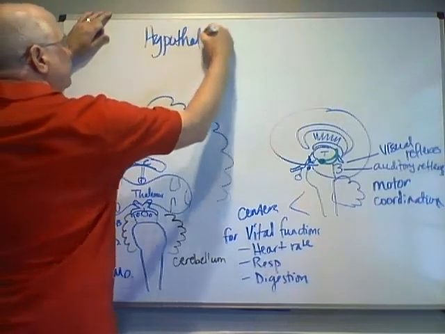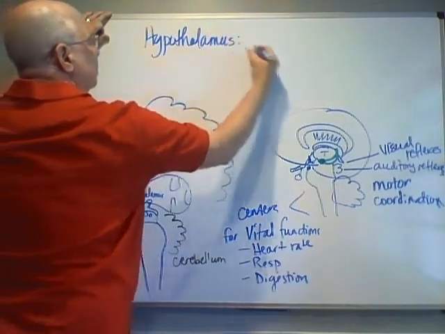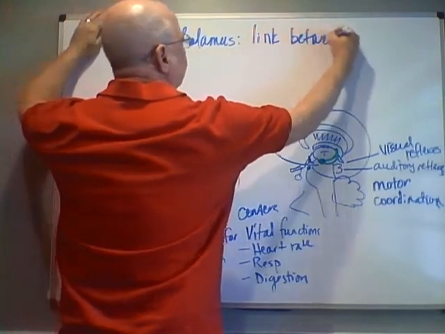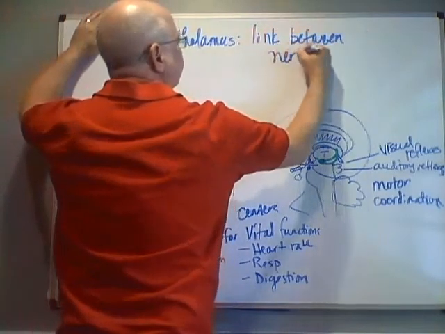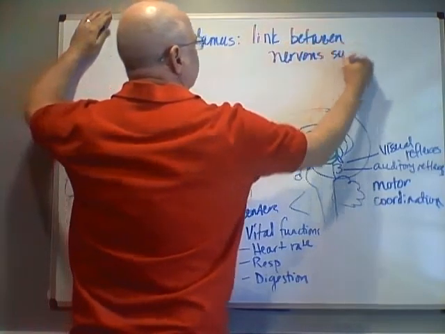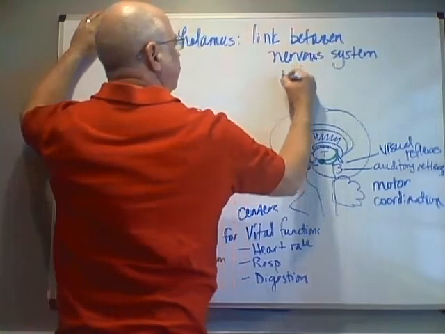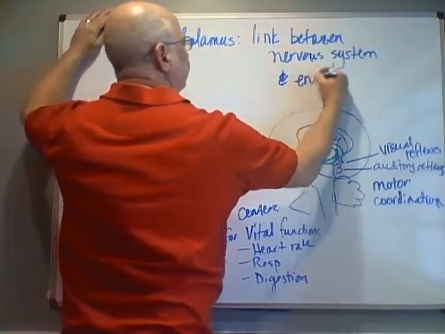The hypothalamus. It is a major link between the nervous system and the endocrine system.